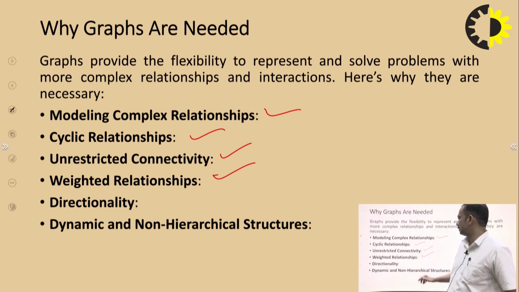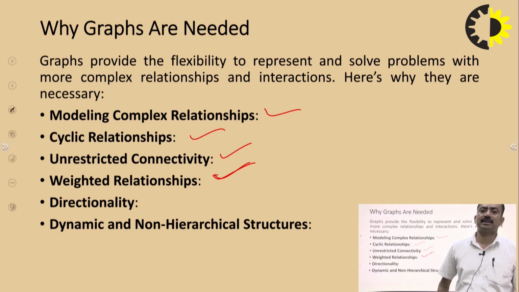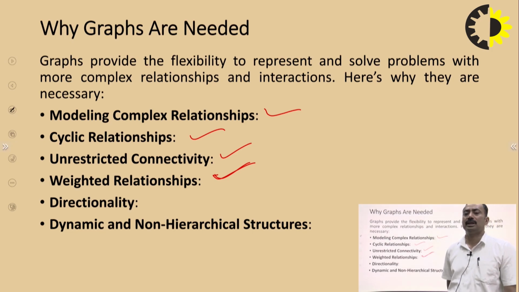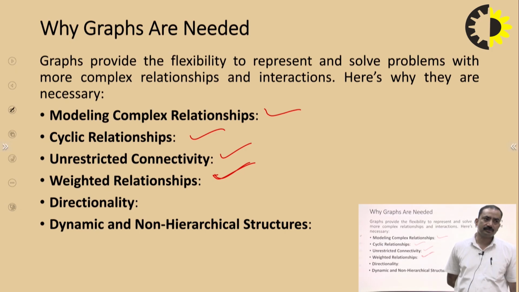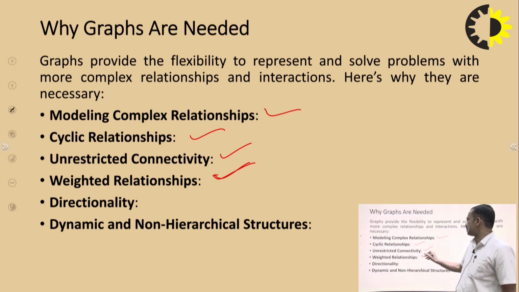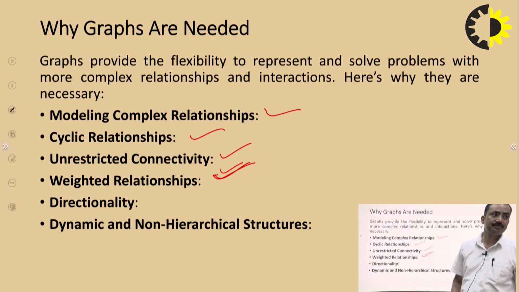We can do this with the help of weighted relationships, where weights are decided from myself as a source to the destination as a second node. We can connect them with a weight. Weight can be time or distance. So these applications are possible with the help of a graph.